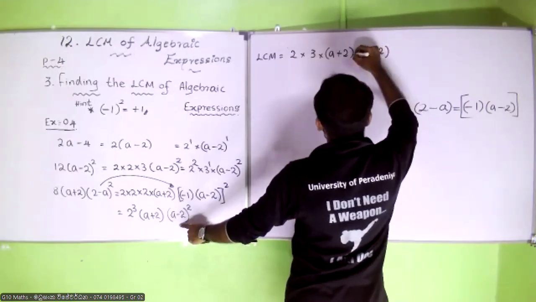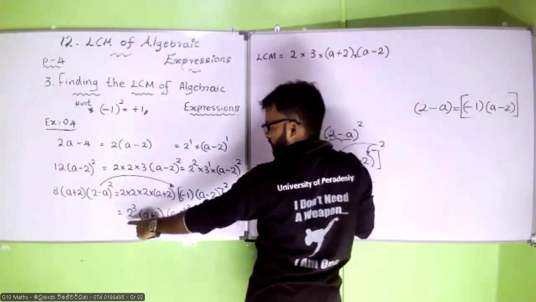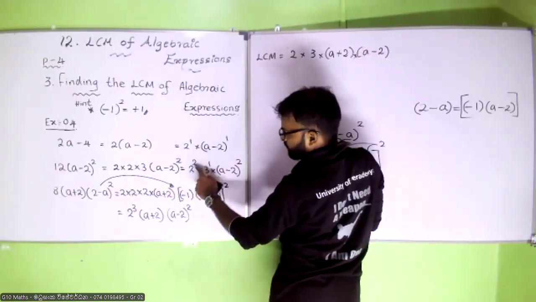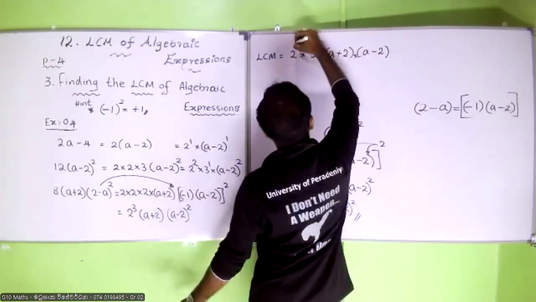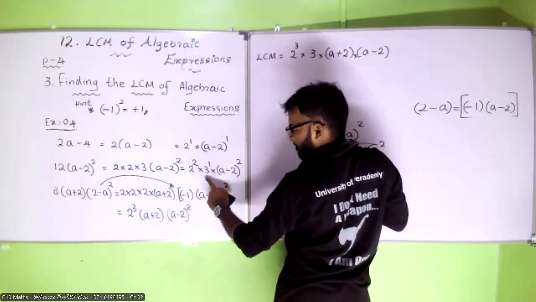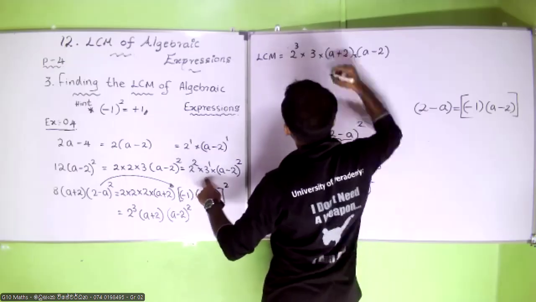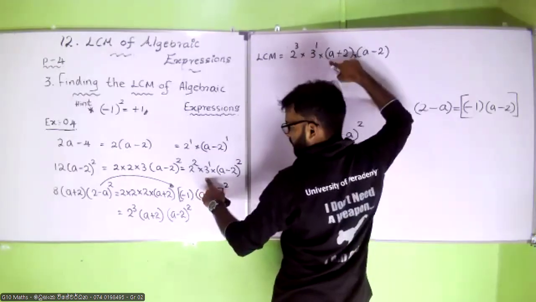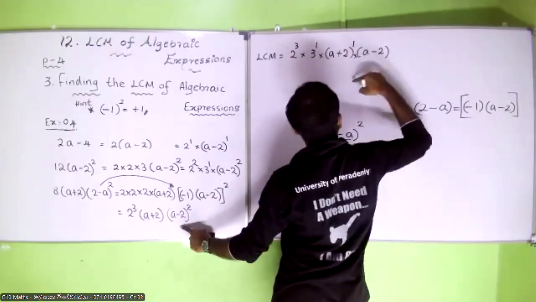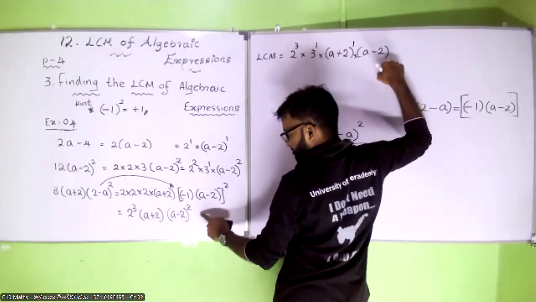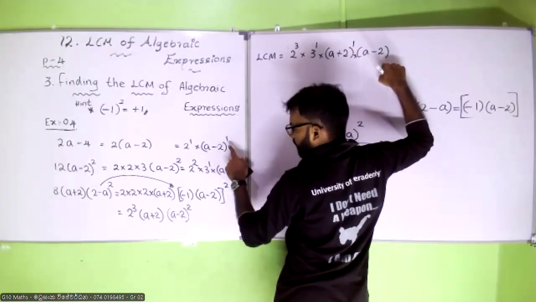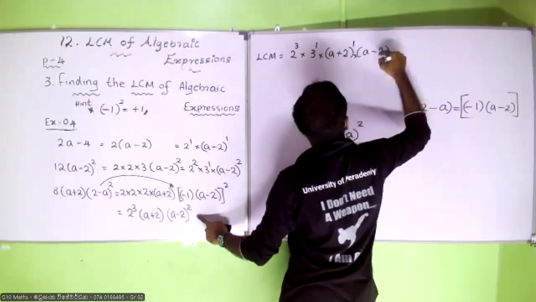So what are the powers that we are having? Maximum powers: when we consider 2, 2 to the power 3. When we consider 3, 3 to the power 1. When we consider a plus 2, power 1. When we consider a minus 2, a minus 2 to the power 2.